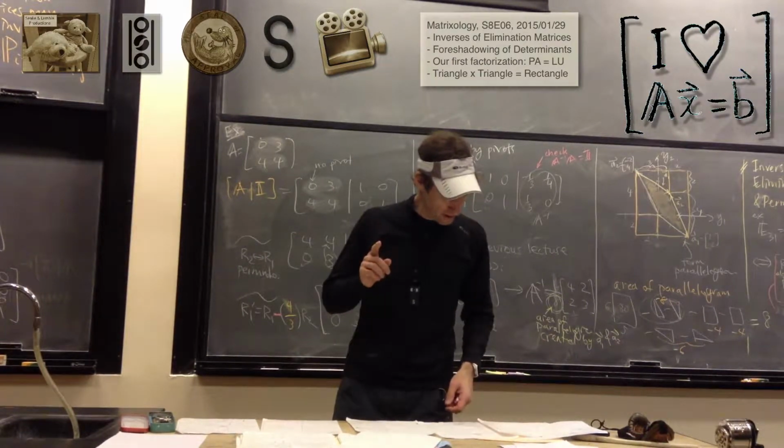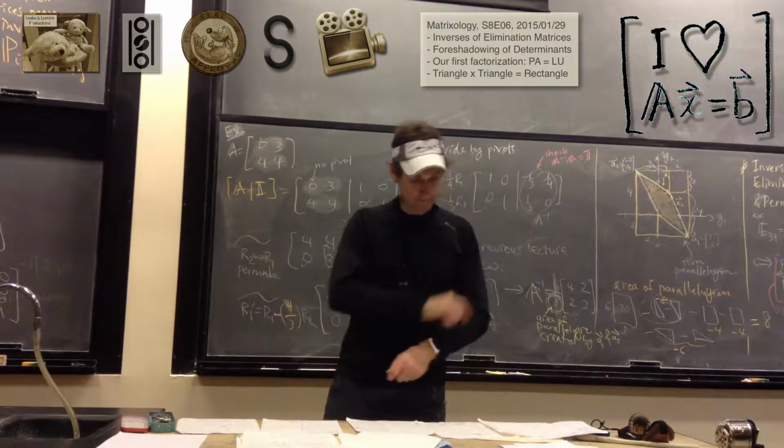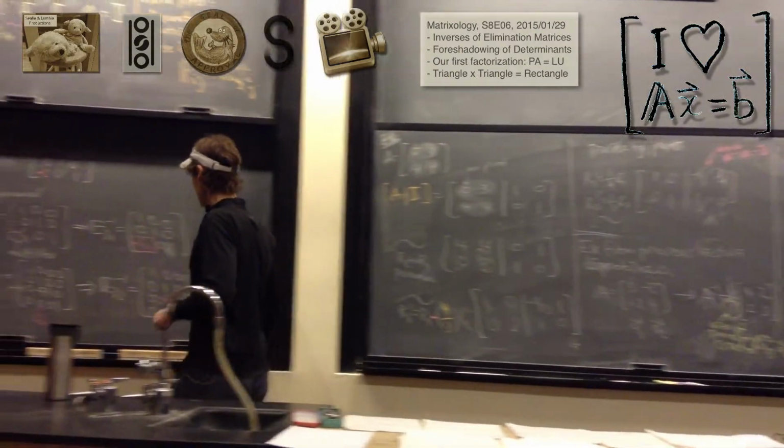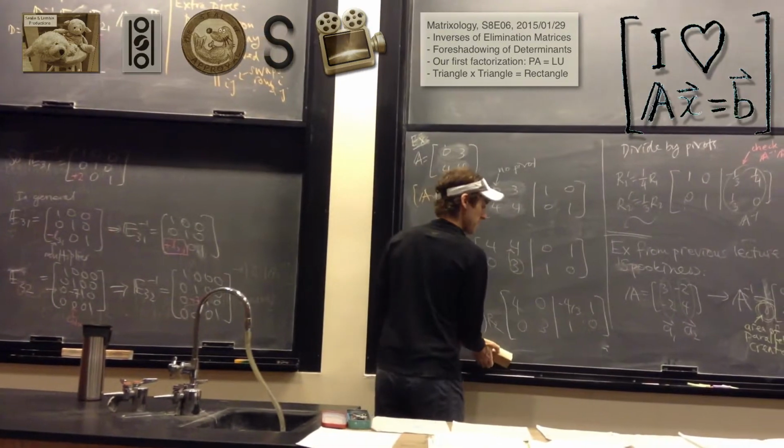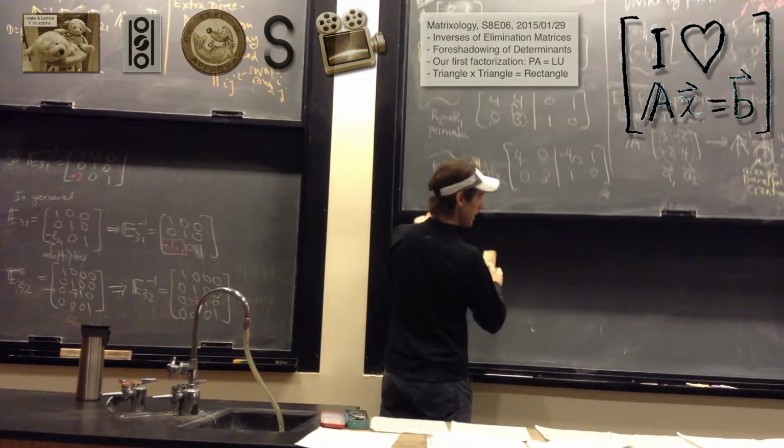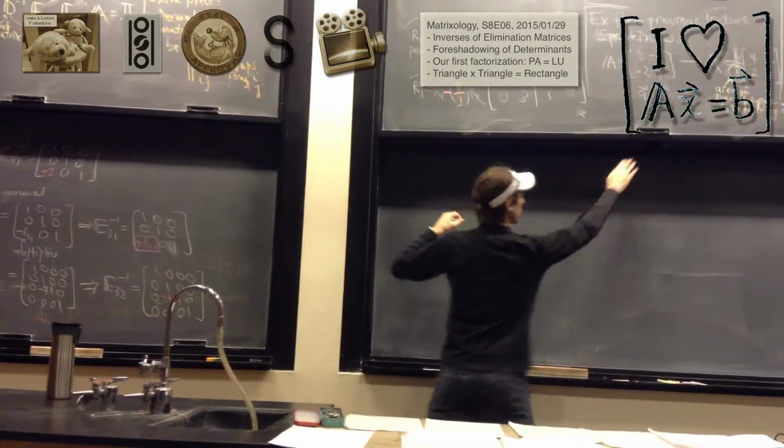There's also, well, I guess we'll do it. We'll do it, all right. In general, simple inverses for permutation matrices.